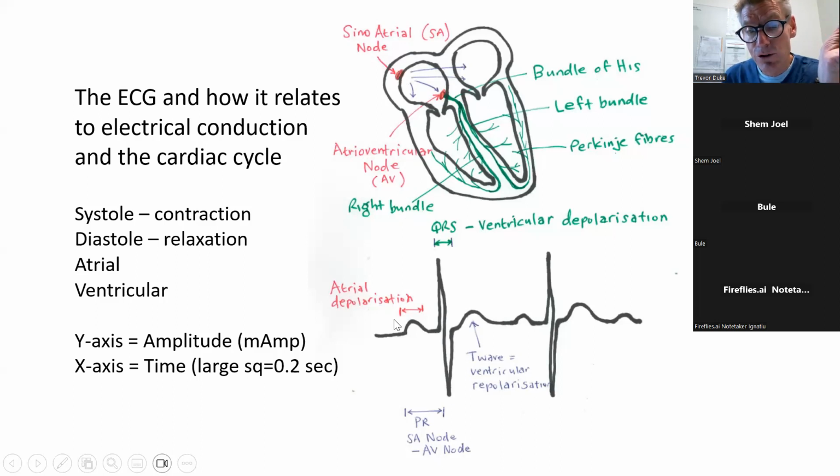Anything that causes the atrial depolarization to be prolonged may cause a prolonged P wave. If the muscle is extra thick or the atrium is extra large, then there'll be an abnormal P wave and there may be a prolonged PR interval, because it just takes longer for the electrical activity to get there.